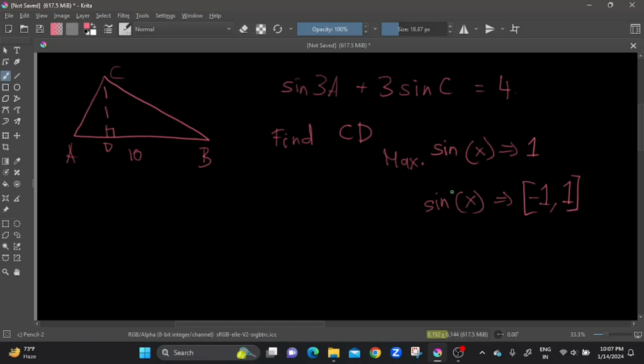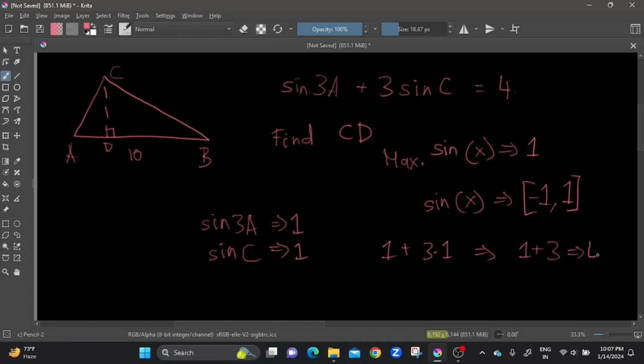So now that we have this set up, if we take sine 3A as 1, just assume it as that, and sine C as 1 as well, you're going to get 1 plus 3 times 1, 1 plus 3 is equal to 4, right?